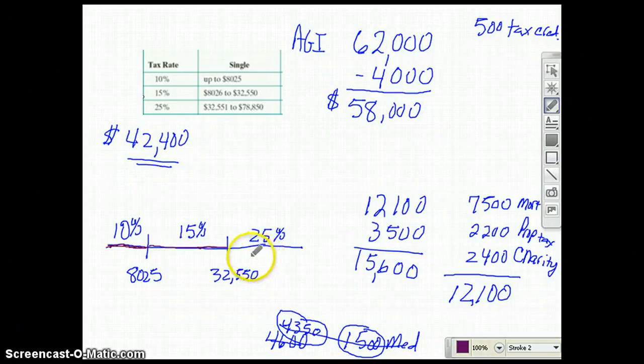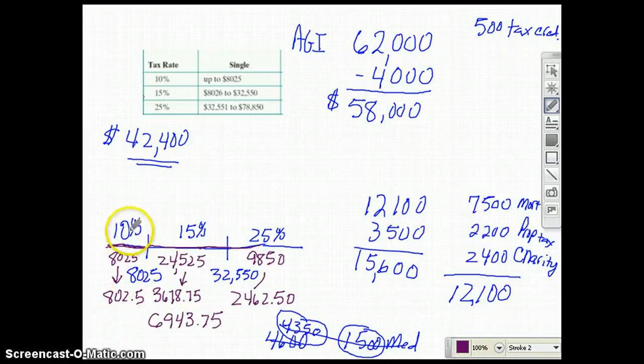She'll pay on 42,400 minus that number. So let's figure those out. 10% of this number is 802, 15% of this number is 3,678, and 25% of this number is 2,462. We add these three numbers up to get her tax that she has to pay.